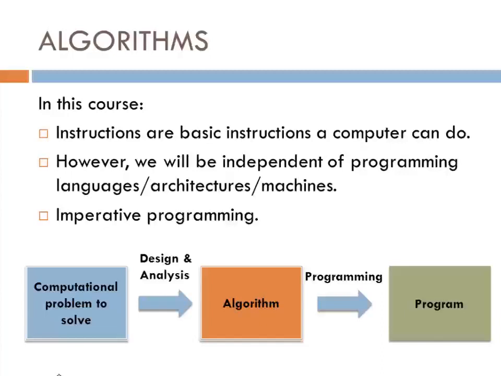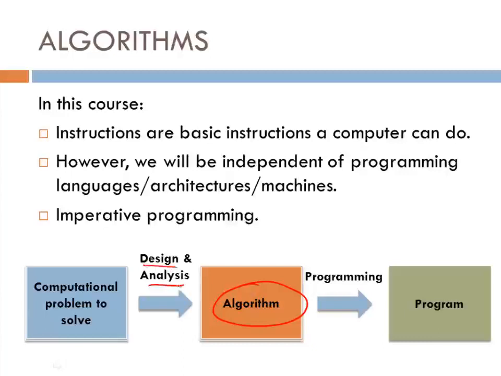Though we will be very precise in saying what an algorithm does, we will be independent of the programming language used. When you want to solve a computational problem, the algorithm is an abstraction of the program that you finally want to design. The algorithm is not tied to any programming language. So at this abstract level, you can do design and analysis.